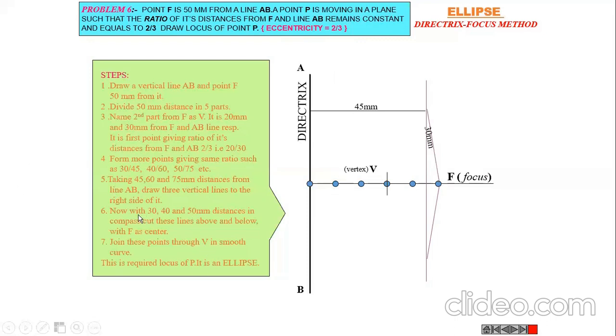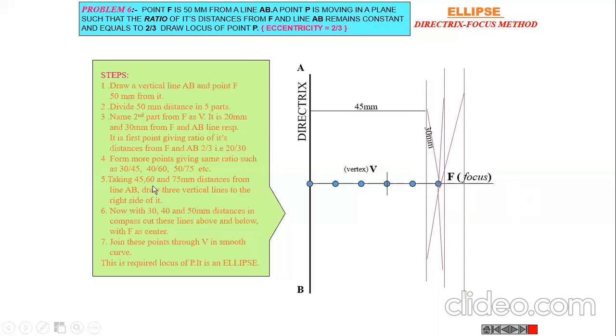And 30, 40 and 50 mm from the focus, taking this distance in our compass. So now draw 3 lines, and then take 30 mm in the compass. This F is the focus point. Then from F, with 30 mm, cut this vertical line on both sides, that is 1 and 2.